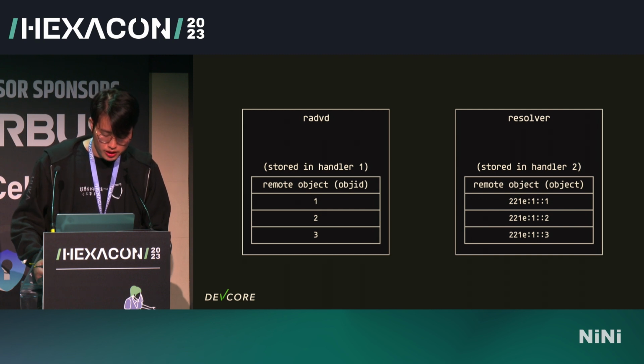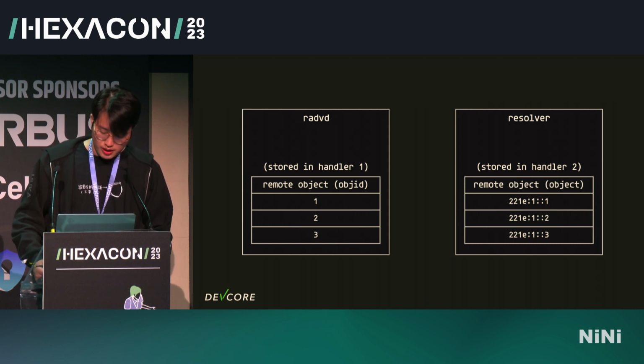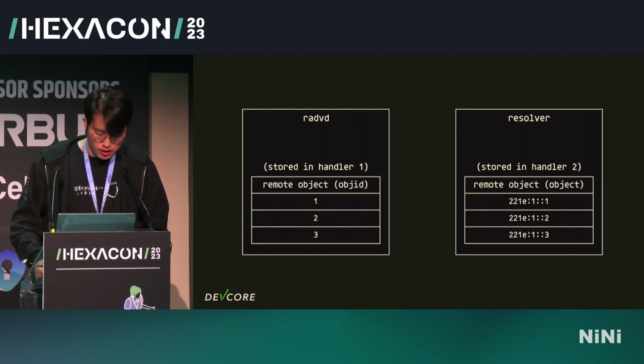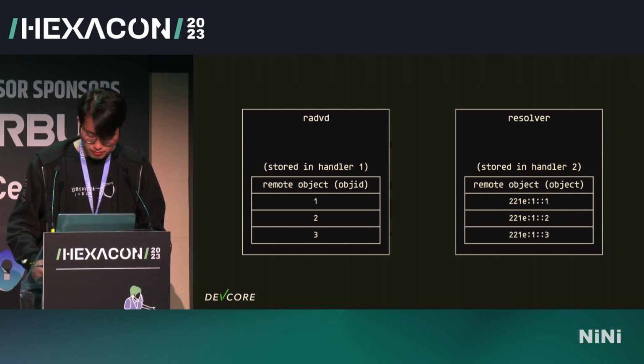The remote object is a mechanism to store common resources in a process, and other processes can access them via ID. For example, a DNS remote object is actually stored in handler 2 of the resolver, and the RADVD only preserves the ID of the object in handler 1.